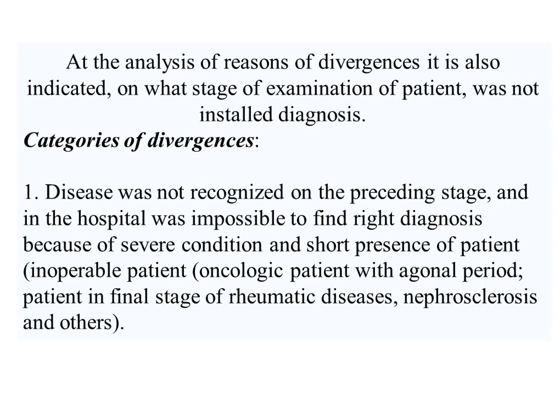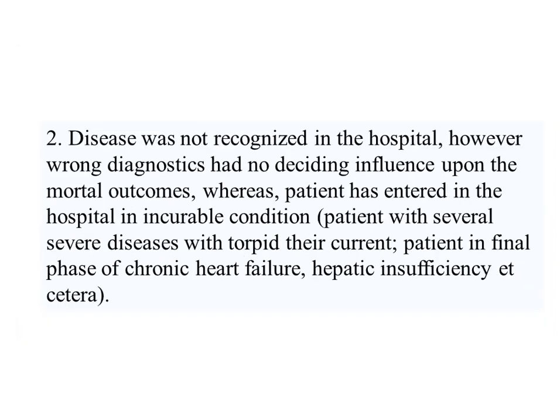First is the least severe: the disease was not recognized at the preceding stage or in the hospital because of the severe condition and short presence of the patient in the hospital. It may be a severe oncological patient in the agonal period, or the final stage of rheumatic disease or uremia, etc.